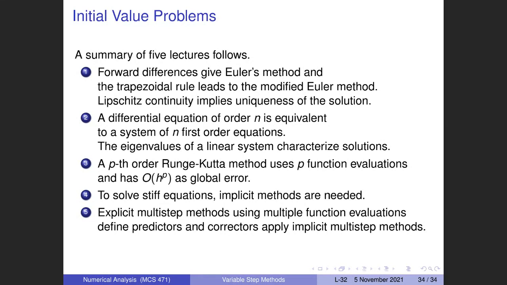We ended this lecture with predictor-corrector methods, which can be explicit one-step or multi-step methods. We apply the predictors to get the correctors going, and correctors are implicit methods. So next time we continue with ordinary differential equations, but then we consider boundary value problems.